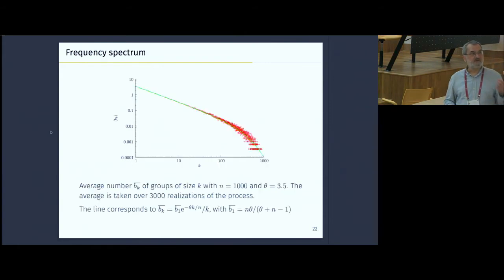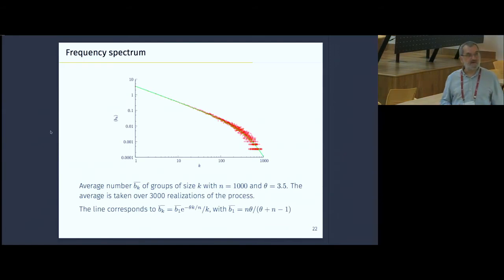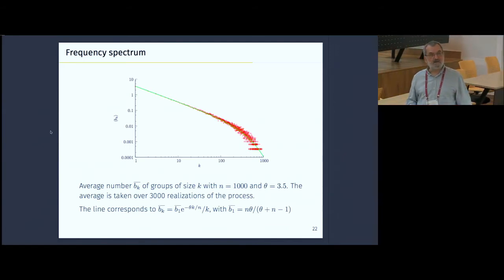This is a frequency spectrum, so this is the average value of the number b_k, also this number of groups with k individuals, as a function of k. Here we have n equals 1,000, theta equals 3.5. And you see that this is logarithmic, and this is logarithmic, and the slope is -1.